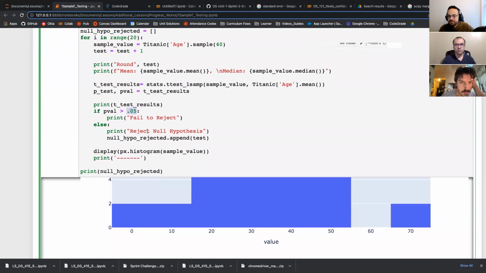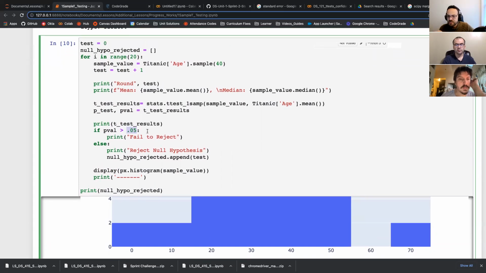Now, here's the thing. Our one sample t-test tells us that when we take samples from a population, that average should, for all intents and purposes, still be part of that population.